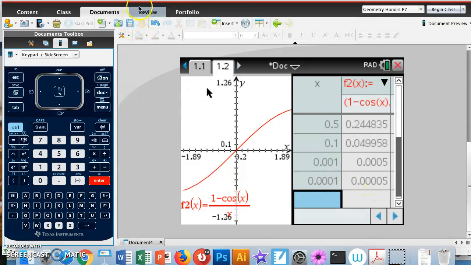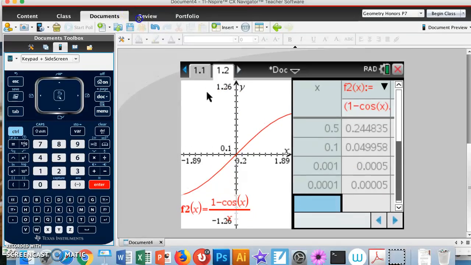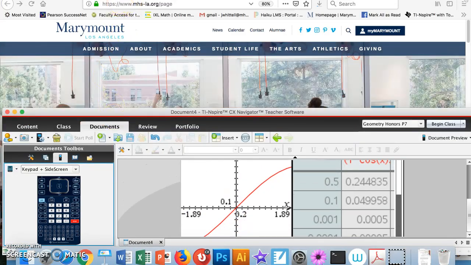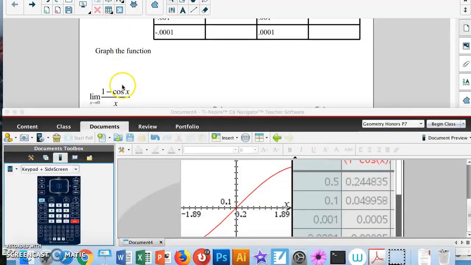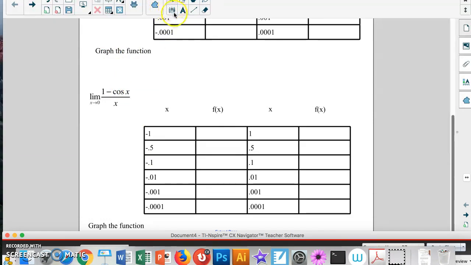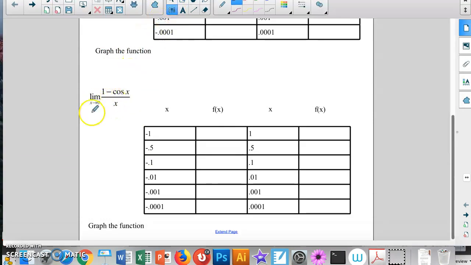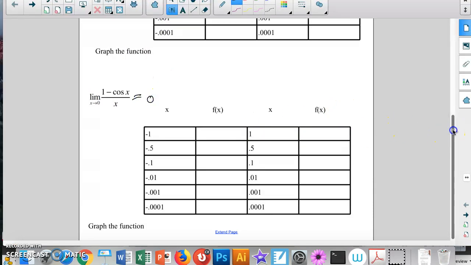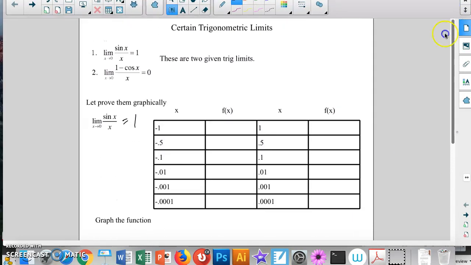Okay, so that one is also easy to prove. Let's put that one in here. Okay, so this one right here, again, the limit as x goes to 0 of (1 minus cosine x) over x is also 0. Okay, so the first one was equal to 1, and the second one's equal to 0.